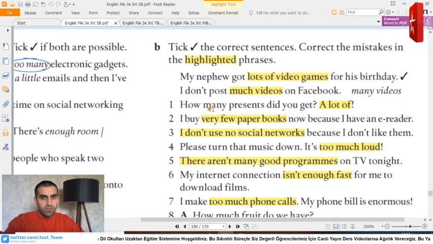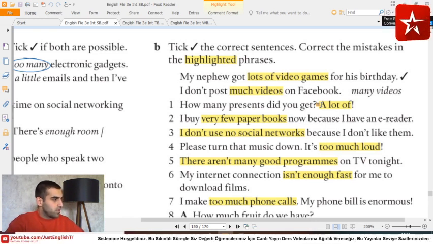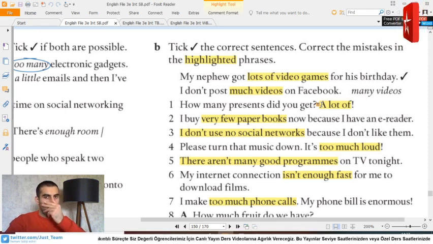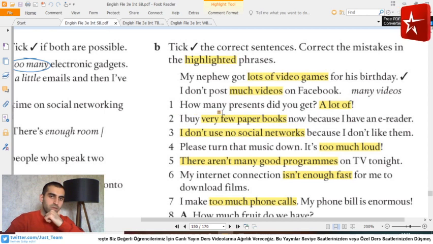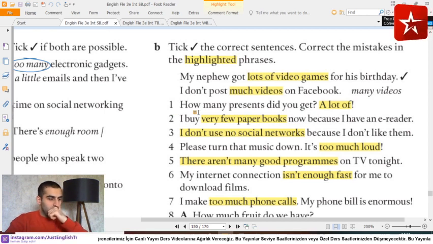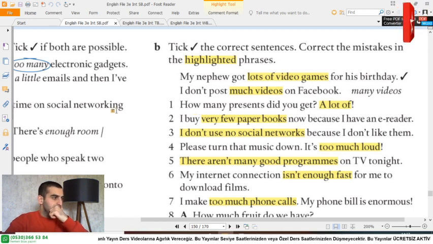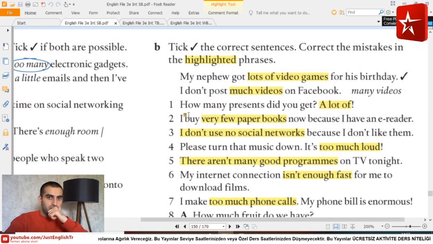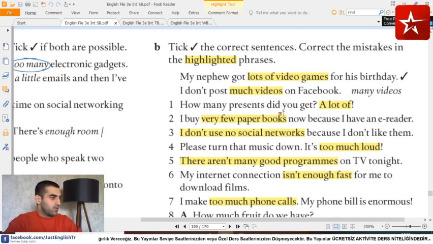Okay, number 1, how many presents did you get? A lot of. So, is number 1 correct or incorrect? True or false?